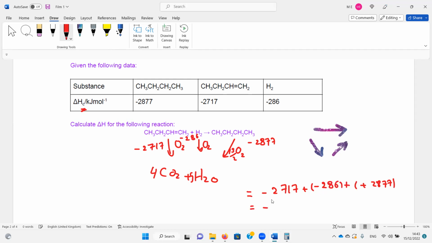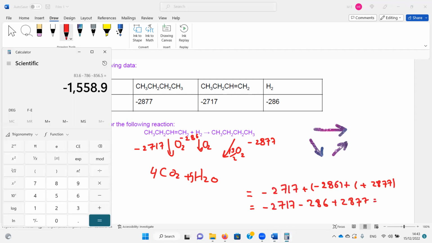So here it is 2717. This is minus 286. And here you have 2877. So therefore, basically, the total is 2877 minus 286 minus 2717.